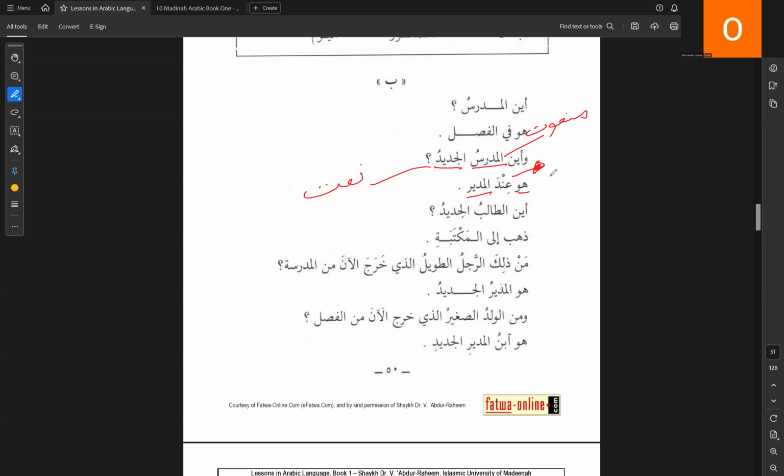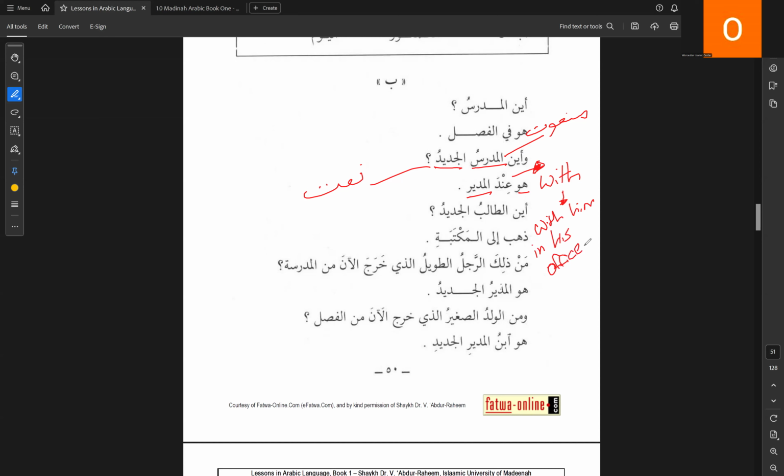Very good. عند means with. Now it'll change depending on context, but here, it means with him, but this with has a little extra in its meaning: with him in his office.